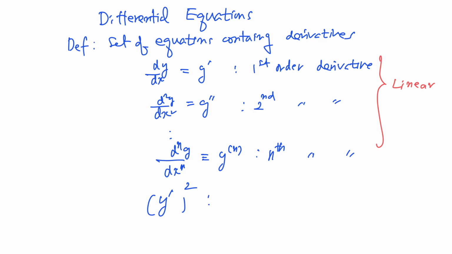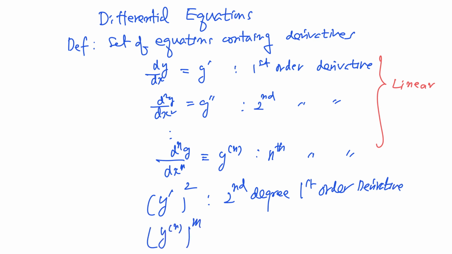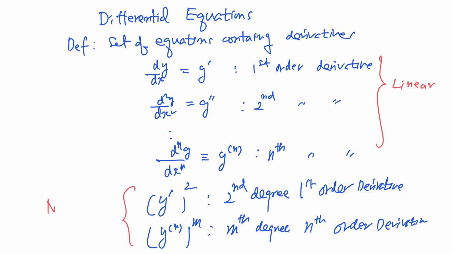This is second degree, first order derivative. y to the n to the m: mth degree, nth order derivative. This is called the nonlinear case.